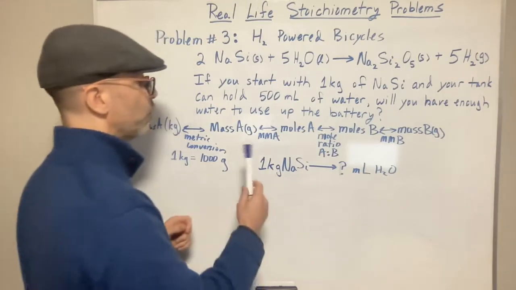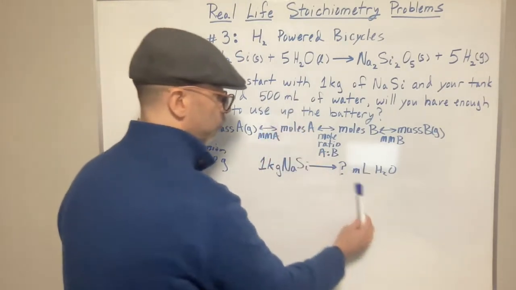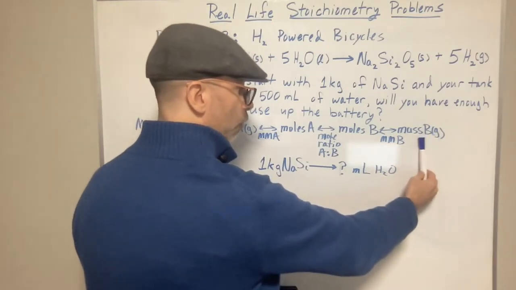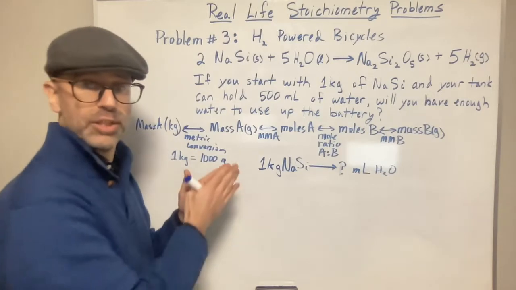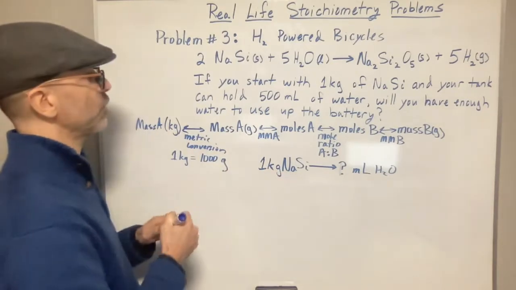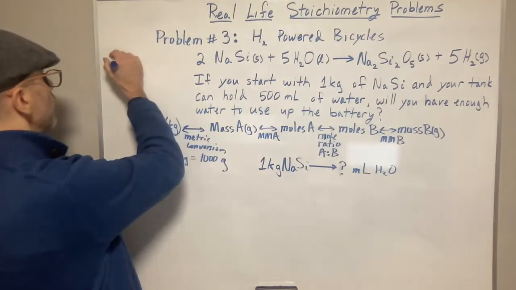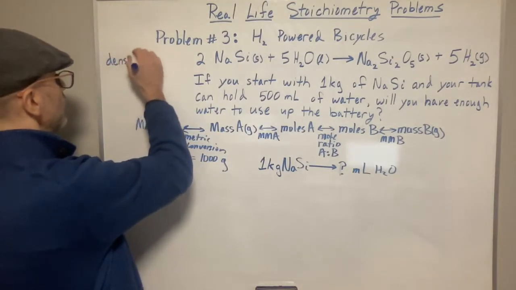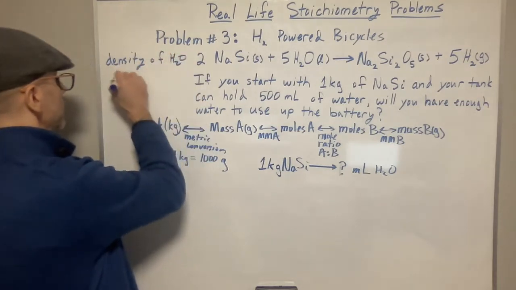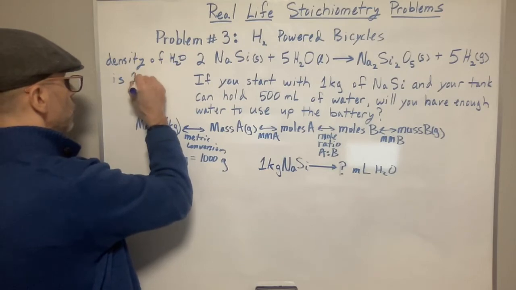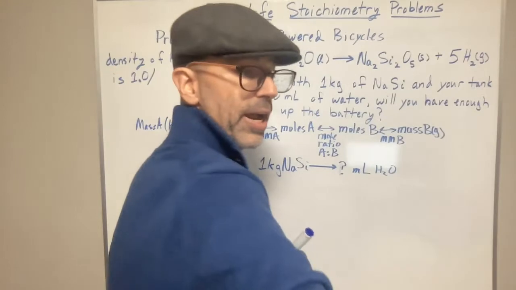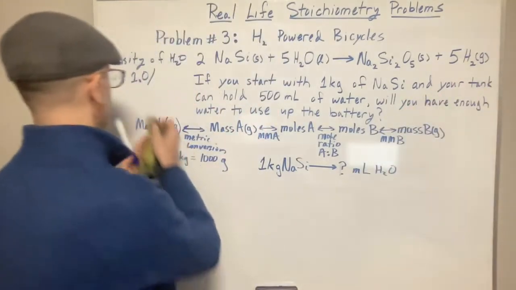Notice that we want to get to milliliters of water, but here we end with mass of water. So we're going to have to convert grams of water to volume, and there we're going to need to use the density of water. The density of water is one gram per milliliter.